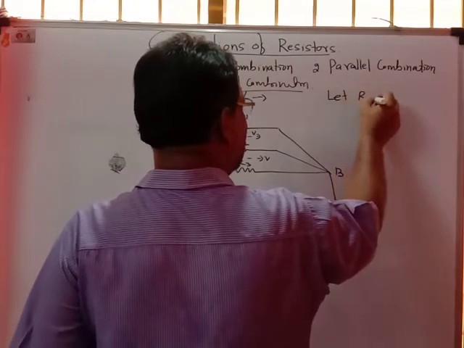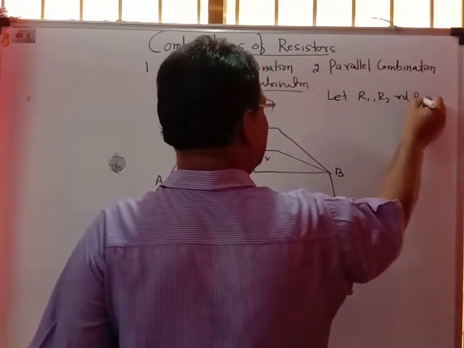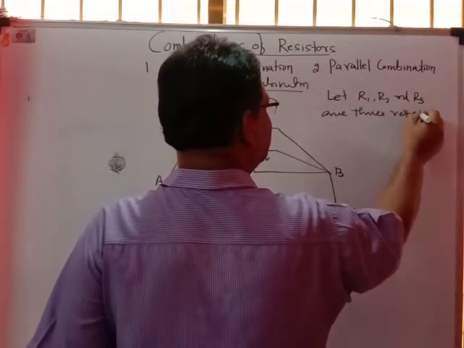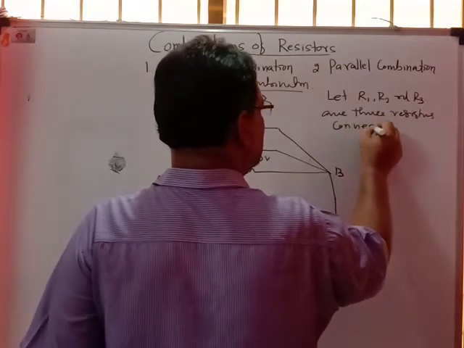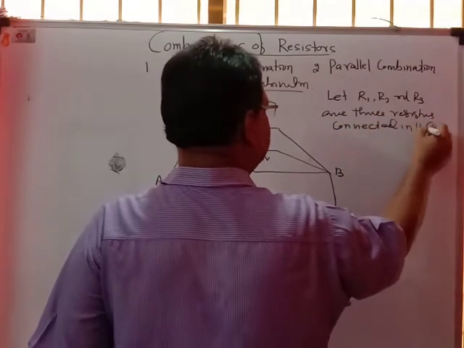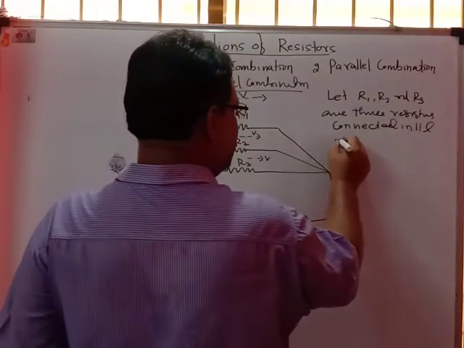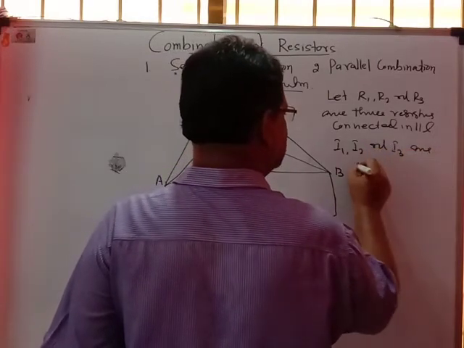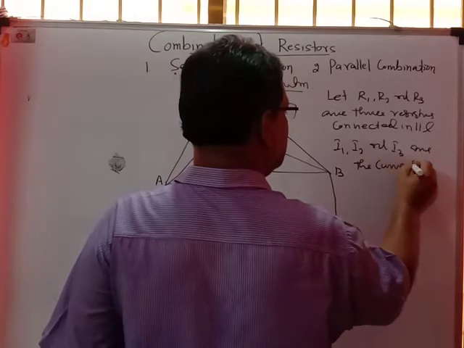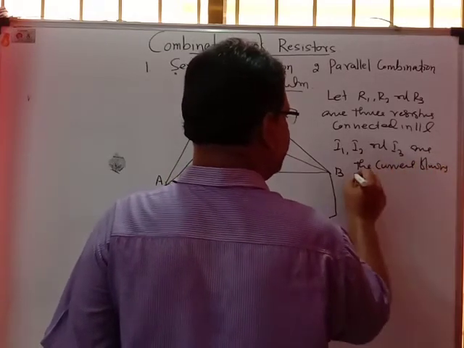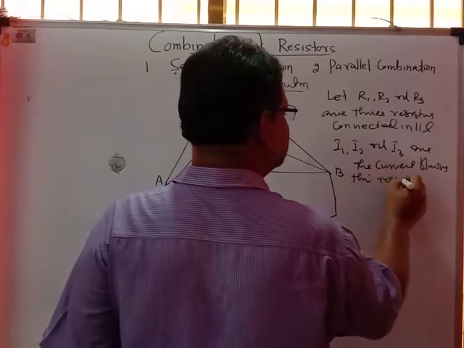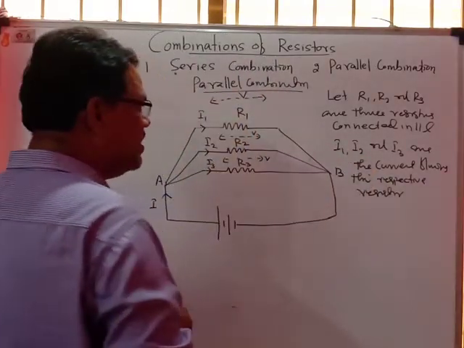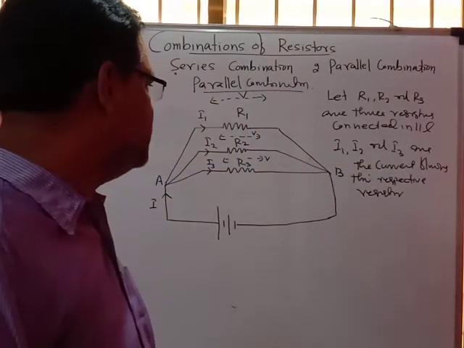Let R1, R2 and R3 be three resistors connected in parallel. I1, I2 and I3 are the currents flowing through the respective resistors: I1 flows through R1, I2 through R2, and I3 through R3.